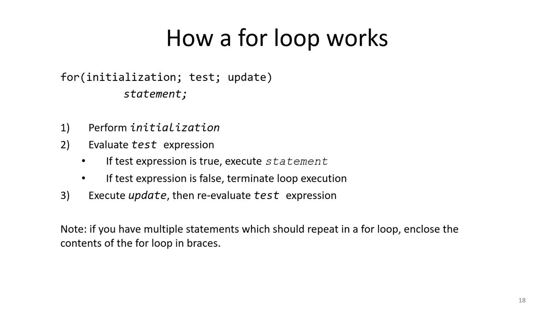You'll notice that the for loop actually contains three things inside the parentheses. We have the word for, parentheses, there's three different things separated by semicolons. And then inside, we have a statement, or if we have curly braces, we could put multiple statements.